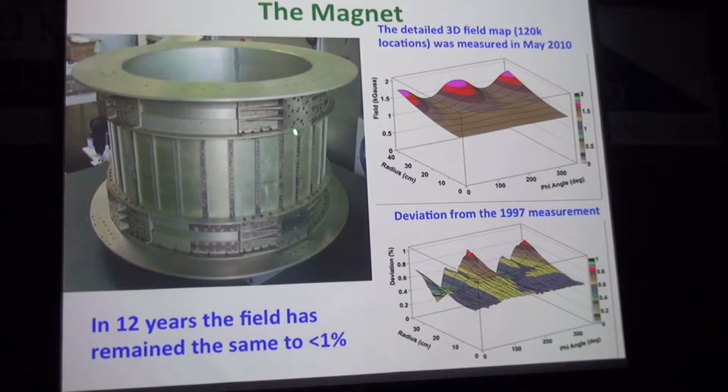We measured the field in 1997 and again in 2011. The difference is shown here to be less than 1%, about 0.5%. So we believe that the field is quite stable and will stay the same value throughout the lifetime of AMS.